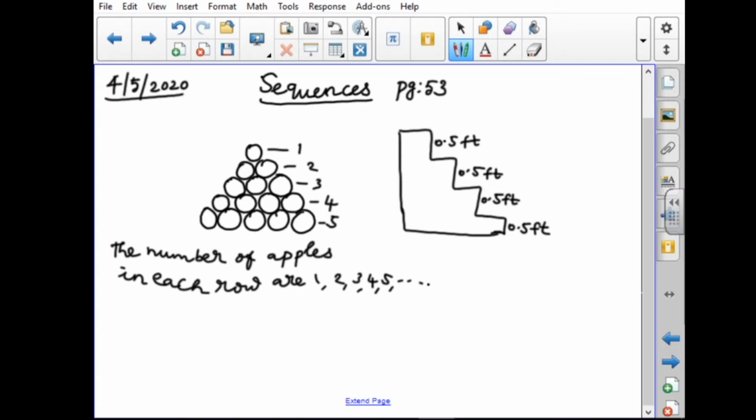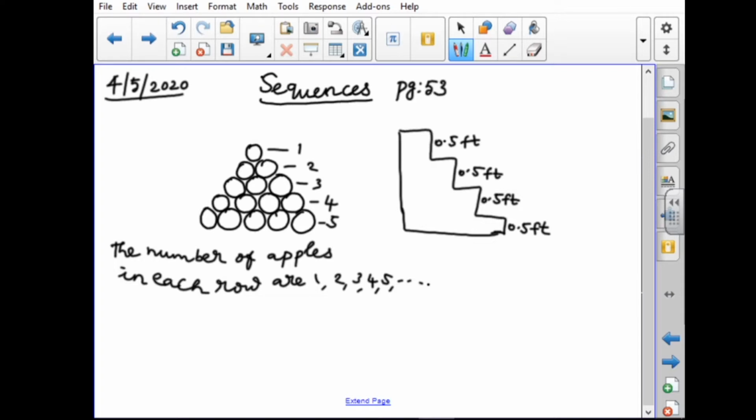They have given the steps. For each step they have given the height of the step. The first one 0.5 feet, second one 0.5 feet, third one and fourth one like that. Each one has the same height.